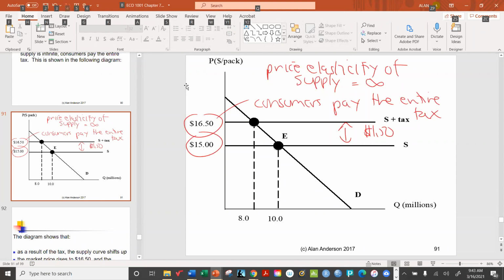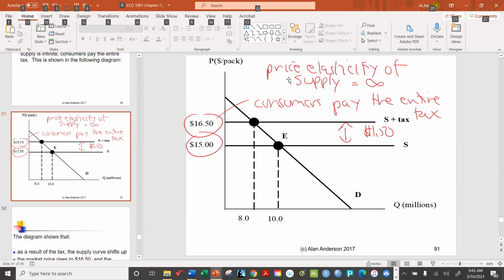Okay, so again, that's obviously a very extreme case, but it does illustrate the fact that with a very high elasticity of supply, consumers will end up paying the majority of the tax, if not all of it. So that's how you can kind of tell. Like I said, that's why I think that gas example was a good one.